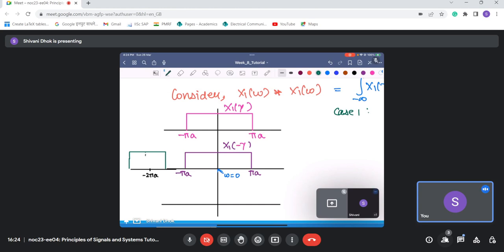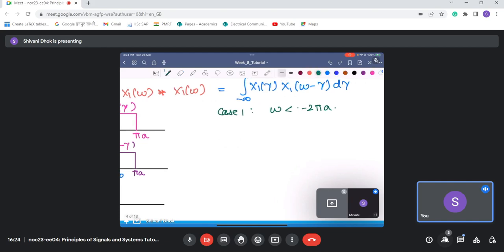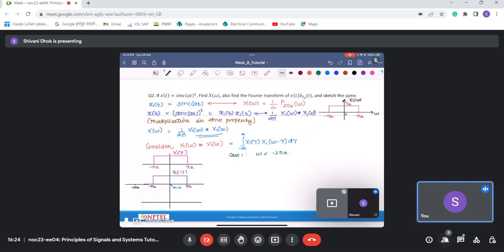I'll have this omega somewhere here and there will be no overlap in such a situation. So when my omega is less than minus 2 pi a, there is no overlap, and this convolution, let's say this is some y of omega, is equal to 0.